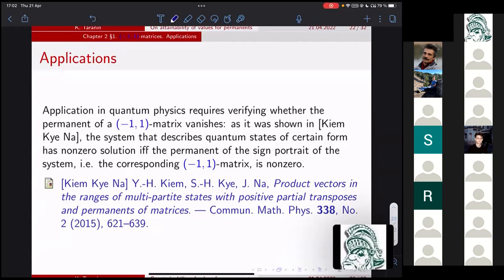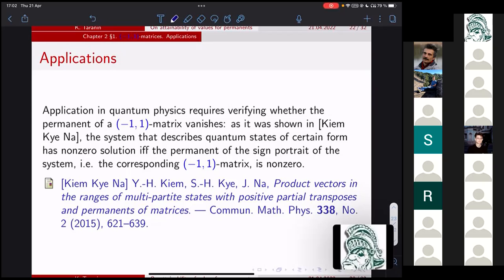If a quantum state is separable, then the range, the image of this operator, contains something, I don't remember what exactly, and it can be expressed in terms of some linear system.